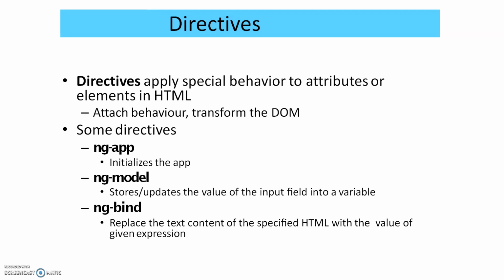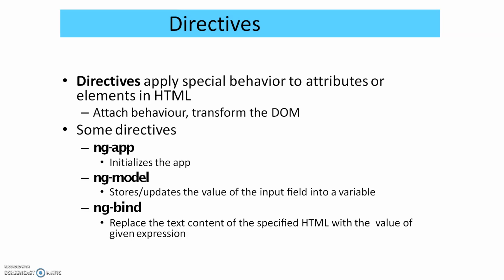What are directives? I told you ng-app, ng-model and ng-bind are directives. Directives apply special behavior to attributes or elements in HTML. As we have seen, we are applying ng-app as an attribute to the div, ng-model to the text box, and ng-bind to the paragraph.